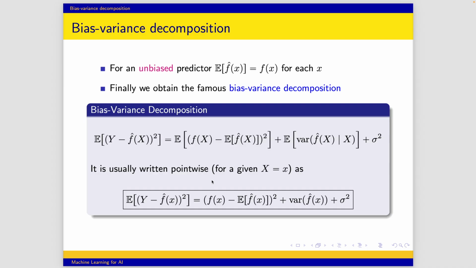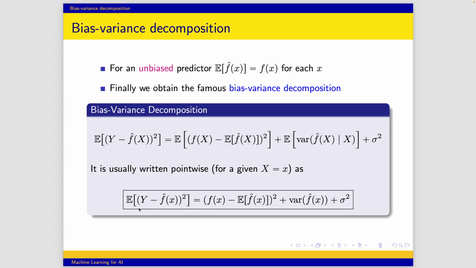Now, we usually write this pointwise, meaning we condition on some value x equals little x, in which case we end up with this pointwise version. I'm leaving out the given x equals x and all of that just to simplify the notation here, and I'm not writing in the subscripts.